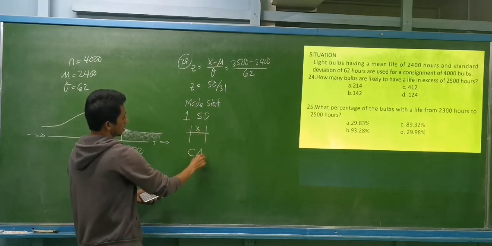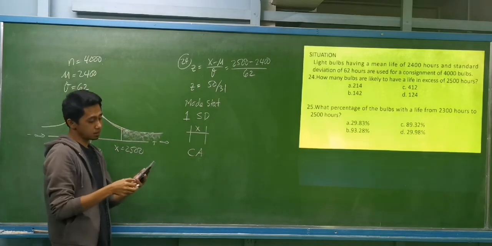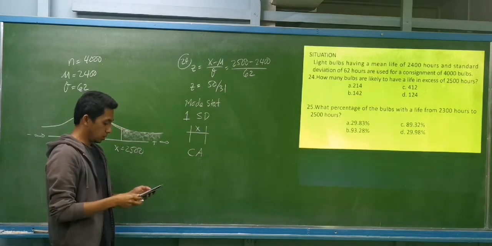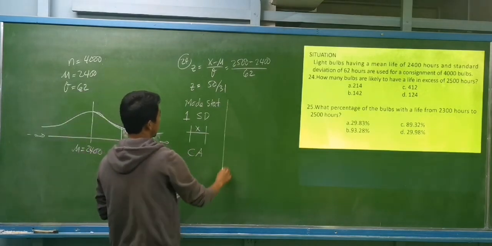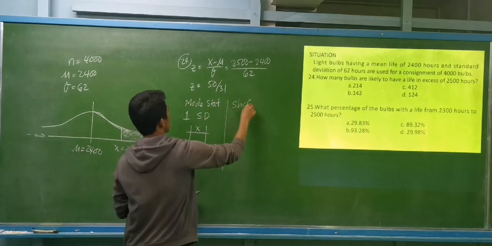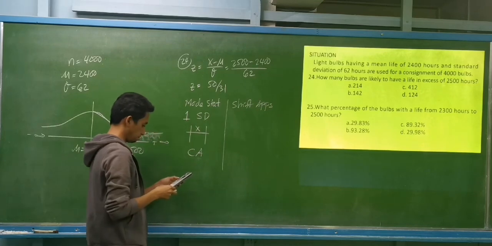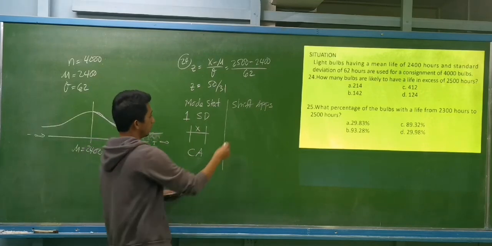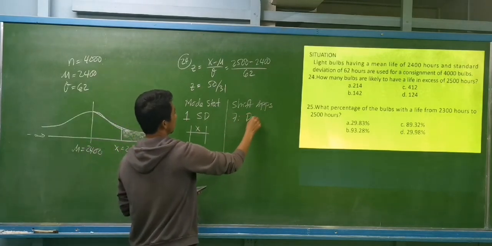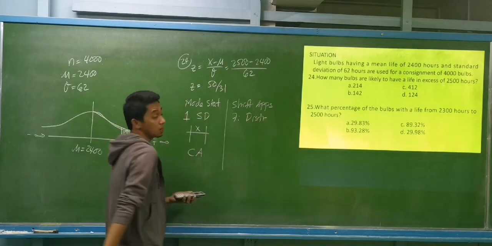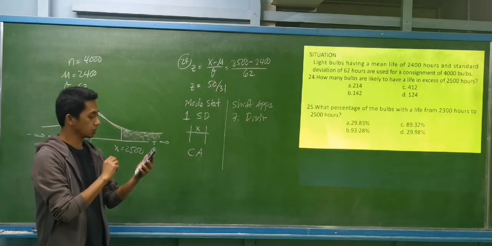I-press. Okay, clear on or CA. Tapos, okay, ulit lang natin yung process kanina. This is yung shift ups. Then, piliin nyo si number 7 for the distribution, DIS at TR, number 7.